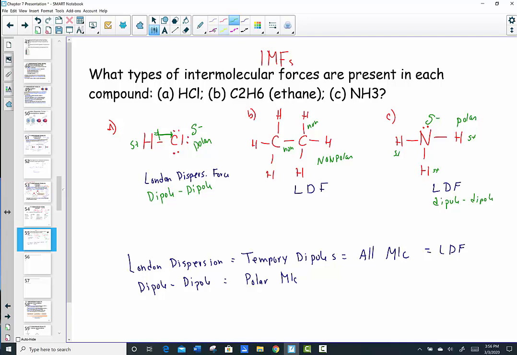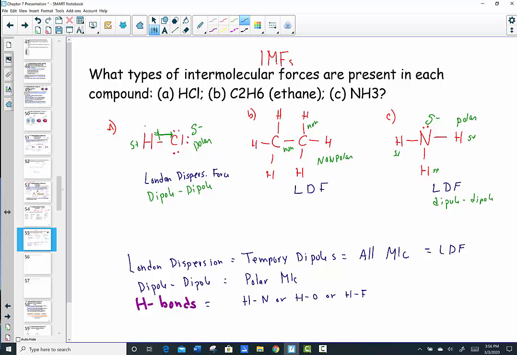Now let's check out the last one, hydrogen bonds. To meet the criteria of a hydrogen bond, you must have in the molecule an H attached to an N, or an H attached to an O, or an H bonded to an F. Do you see any of our molecules that meet that criteria?